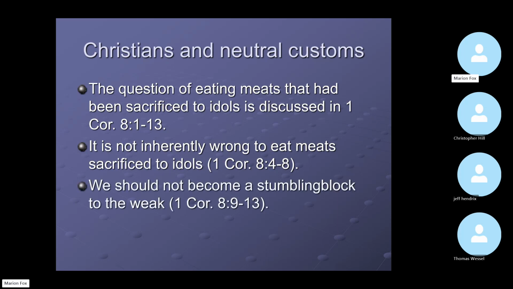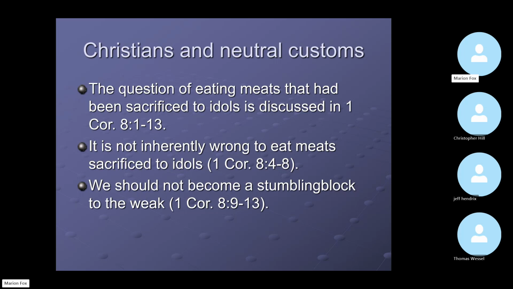that it's not sinful or wrong to eat that meat. We should not become a stumbling block to the weak, so what should we do? Well, if we have weak brethren that think we're sinning when we eat that meat, which we know is okay to eat, then the best thing to do, because we want their soul to be saved, because love is an overriding motive here, with our love for them, we want them to be saved.